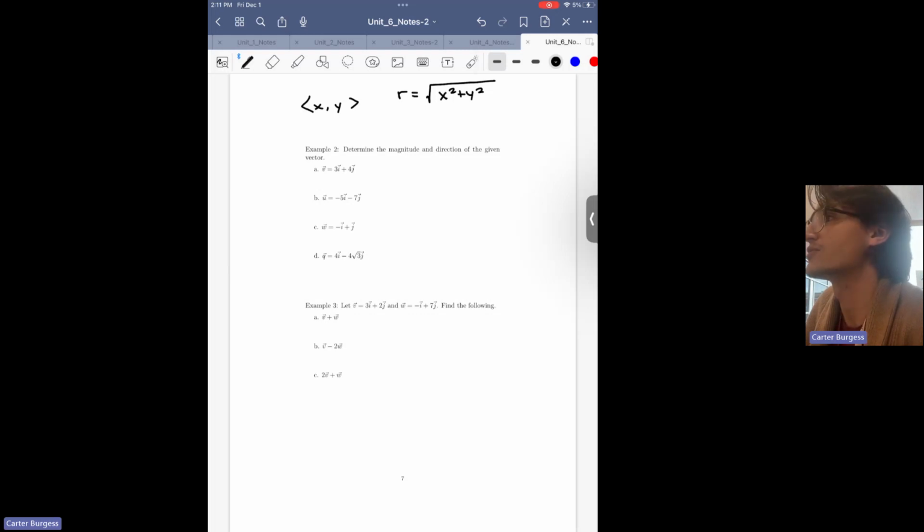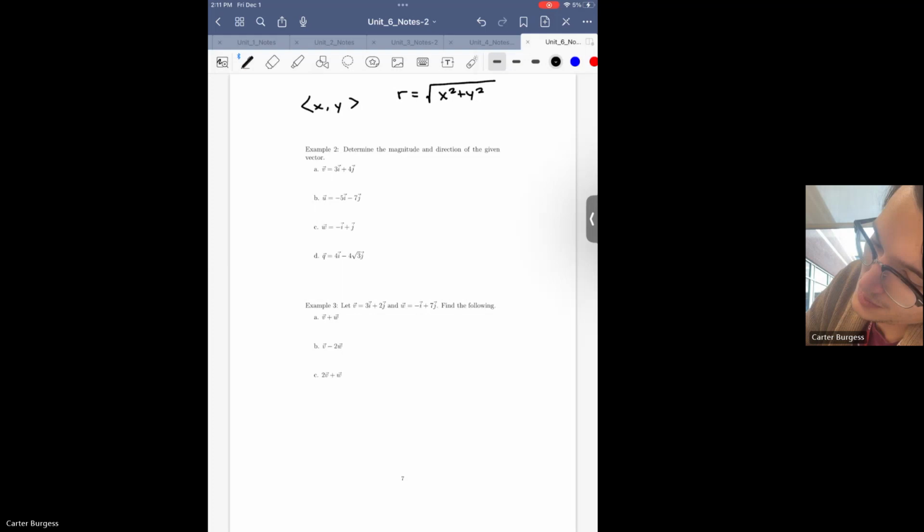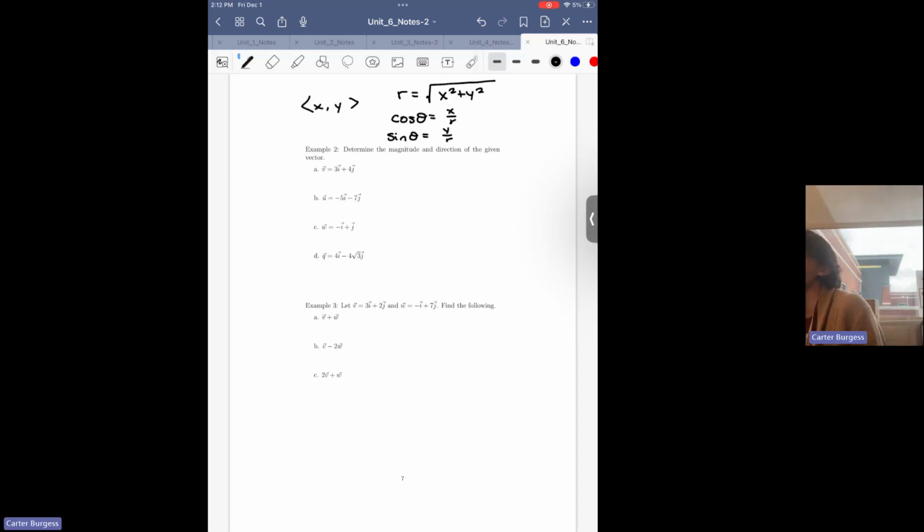Pythagorean theorem, and also always what we have done for r. And what equations can I use to find theta? Yeah, cosine of theta is x over r, and sine of theta is y over r. So same thing that we've been doing for this entire unit.